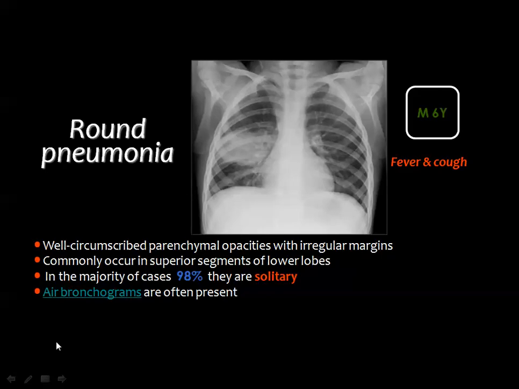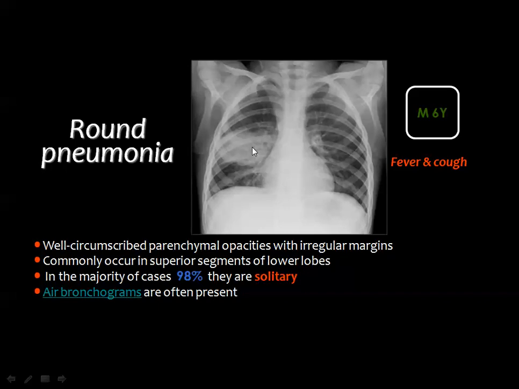Then you should know that round pneumonia in most cases is a solitary lesion, and in any case of pneumonia, you should see some air bronchogram within the lesion in the form of branching radiolucency representing air-filled bronchi.